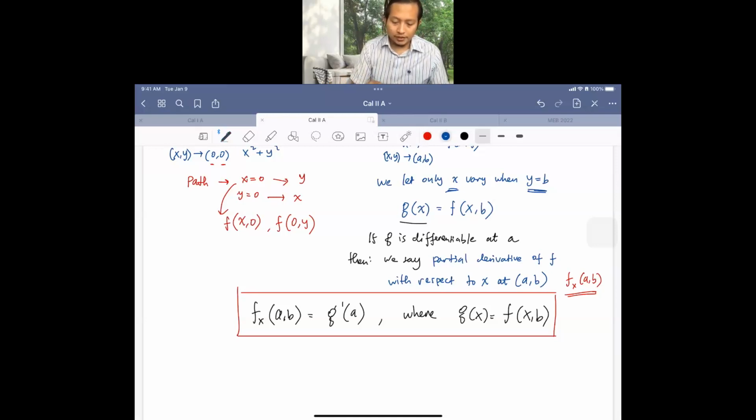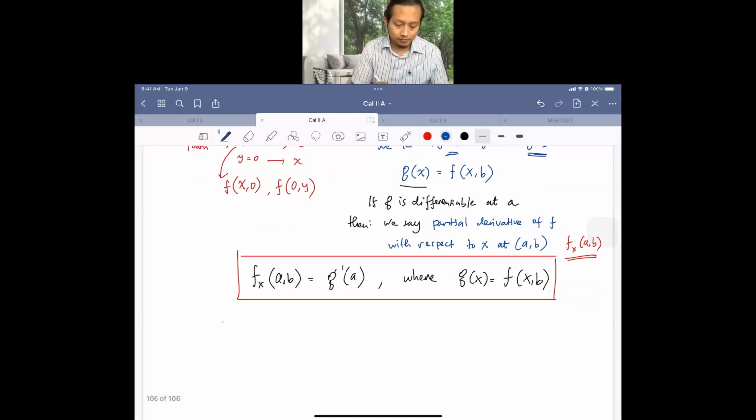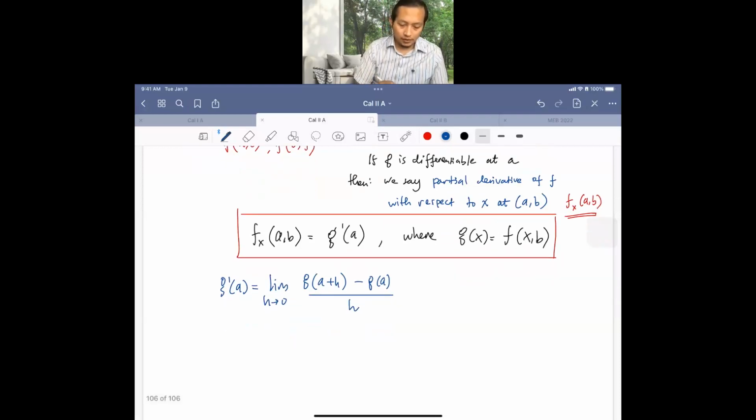Now, by definition, this g prime, if we use the definition from calculus 1, the limit definition, then we are going to have the definition for partial x.